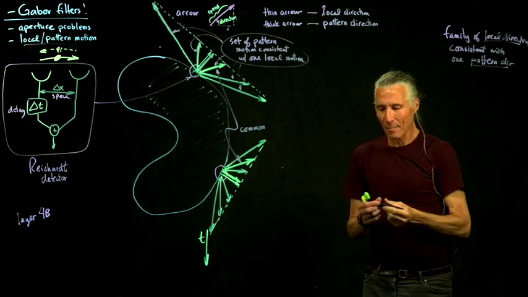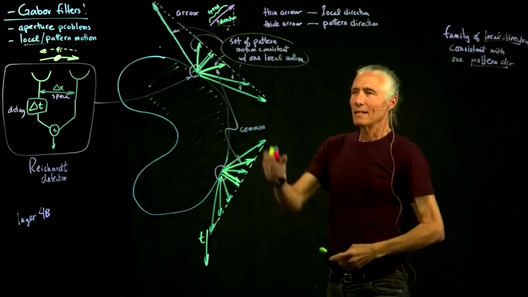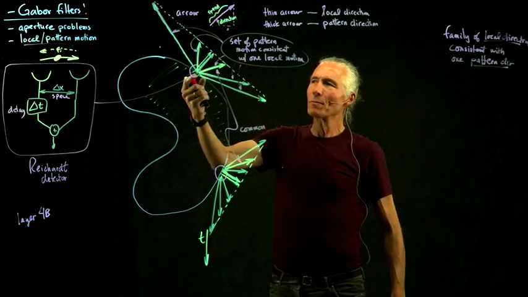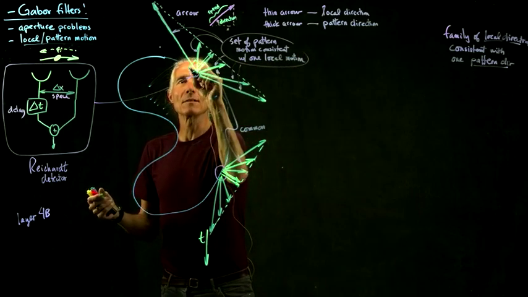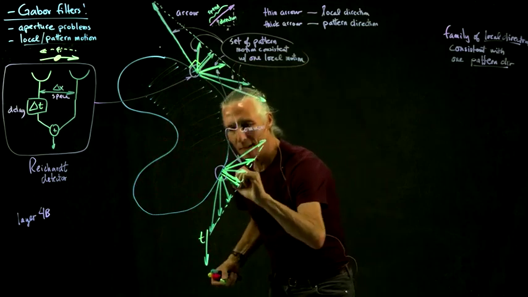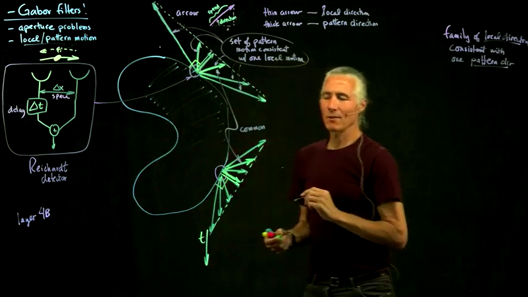So that's kind of the opposite picture. Here we said we detected one local motion perpendicular to the contours. We detected one local motion perpendicular to that contour.